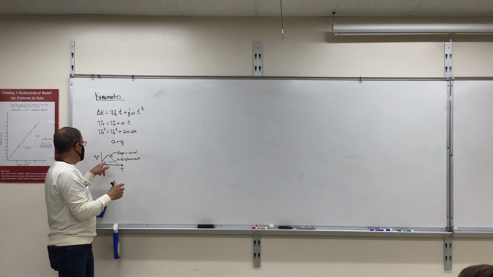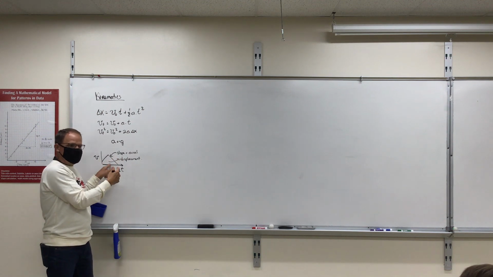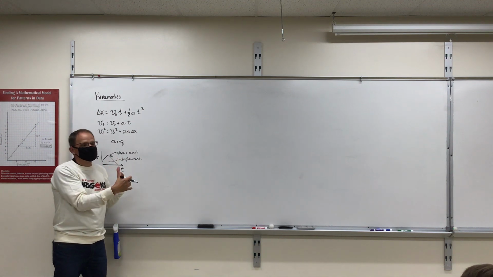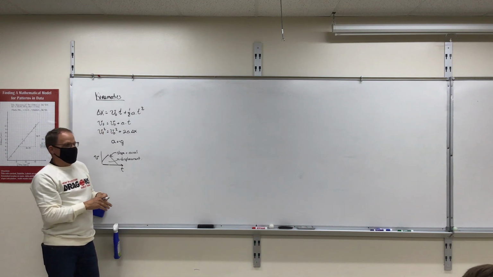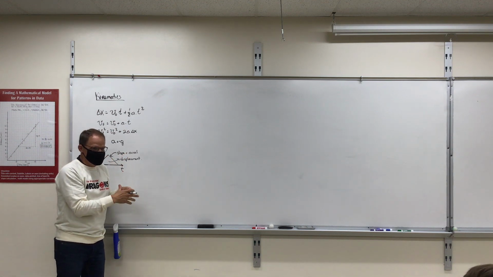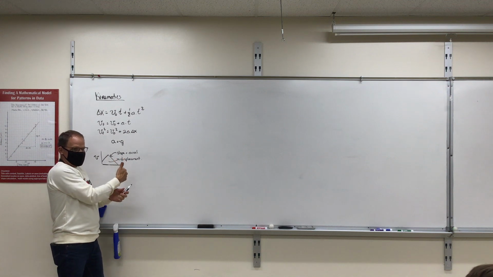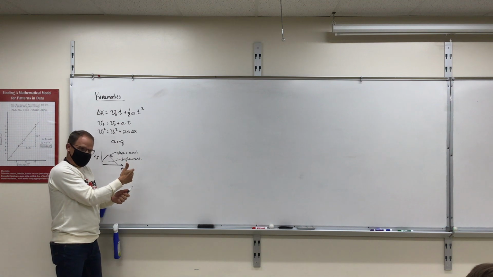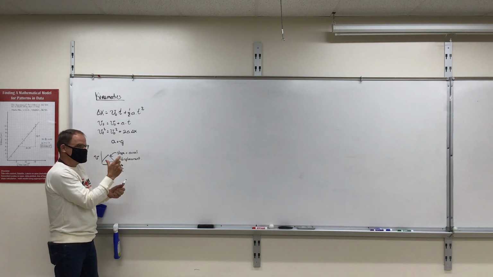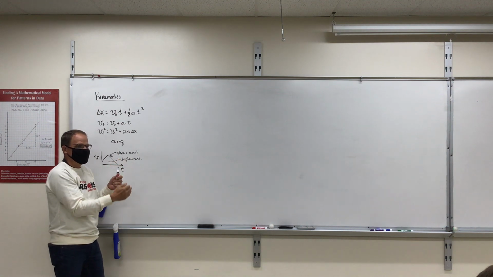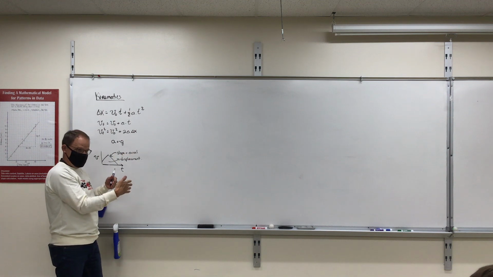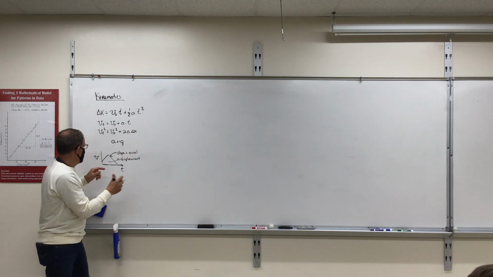If the displacement is 10 meters, it means you've moved 10 meters from wherever you started. So if an object starts at 7 meters, and the area is 10, what's the final position? It's 17. So make sure you know whether you're given the displacement, which is how far you've moved, or your position, where you are located.